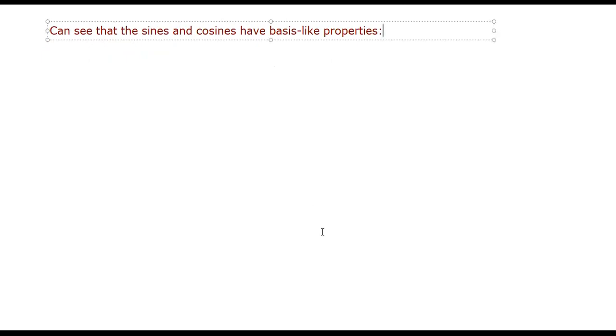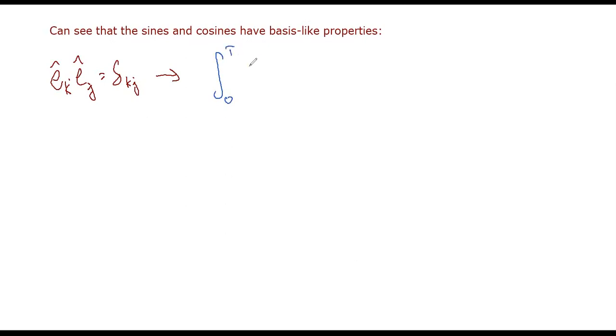So let me remind you guys, this is what we want. We'd like e_k dot e_j to be equal to the Kronecker delta. What does that mean for sines and cosines with this inner product? It would be cool if for our periodic functions, on our interval 0 to T, sine of 2 pi m over T x, which is one of the things in the Fourier series, and cosine 2 pi n over T x.